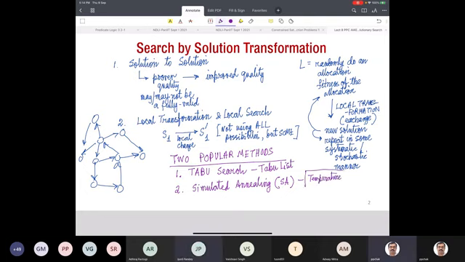It is called the temperature. You know, when we do cooling, heating, we apply the temperature. The temperature is the variational gradient that you can allow. That means how much probability.